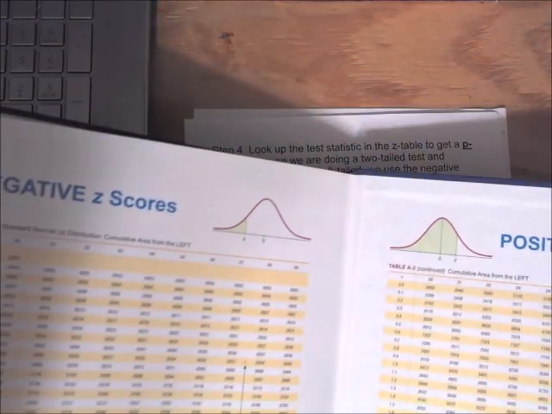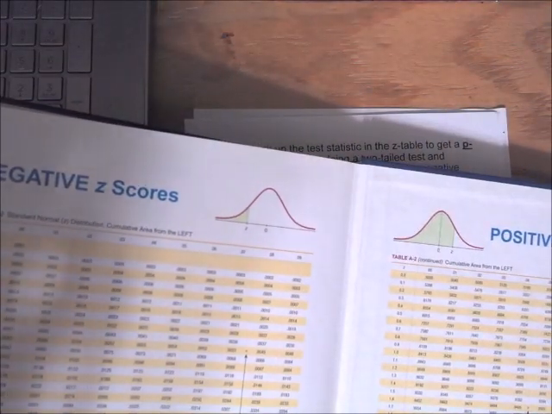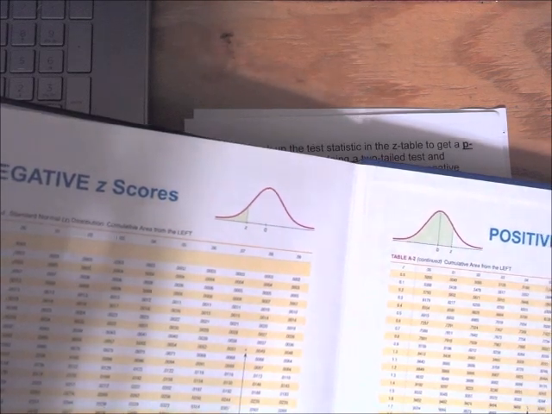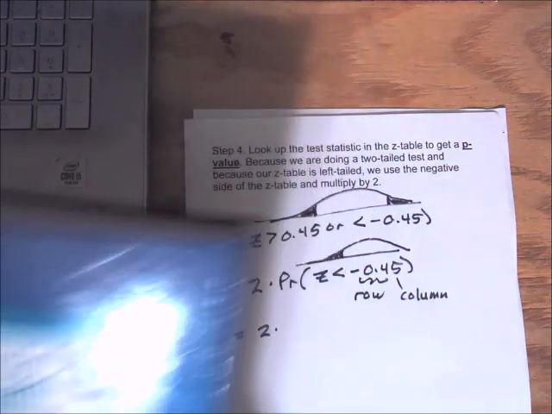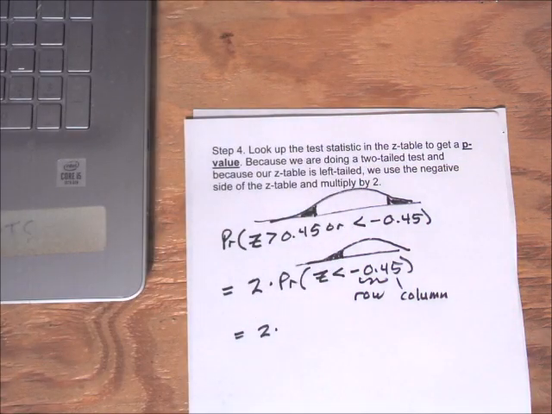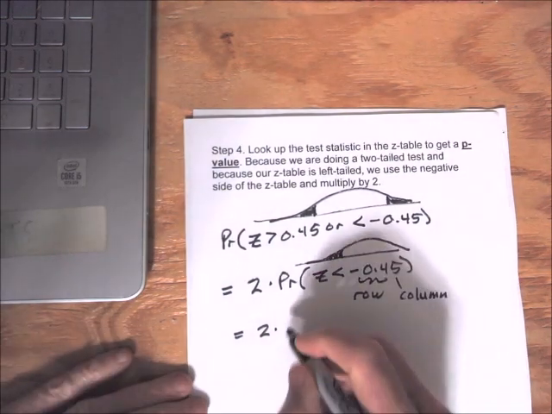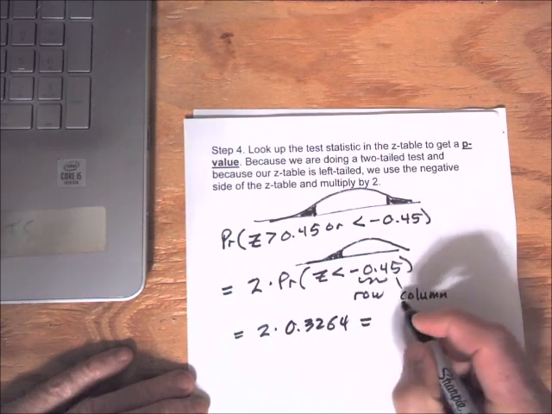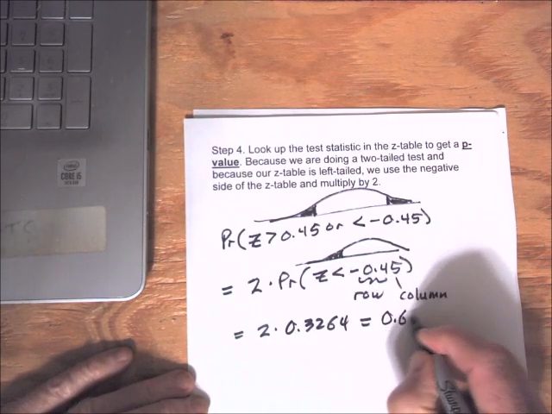Negative 0.4, column 5: 0.3264. And then multiply that by 2, we get 0.6528.